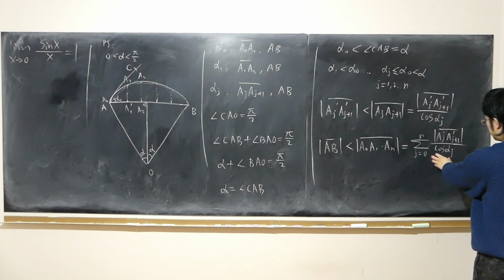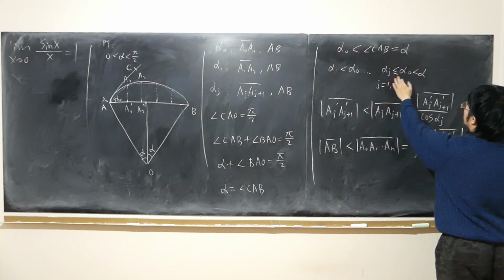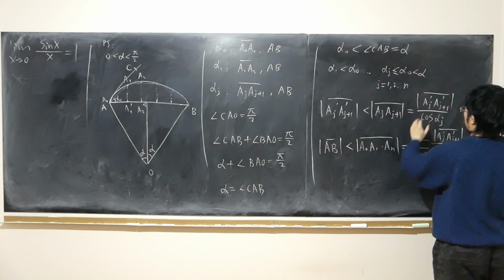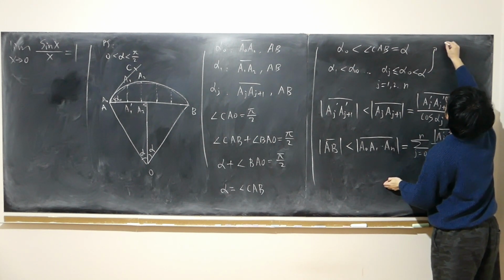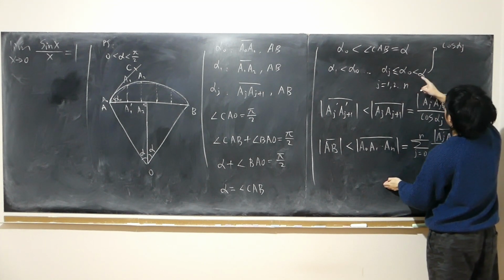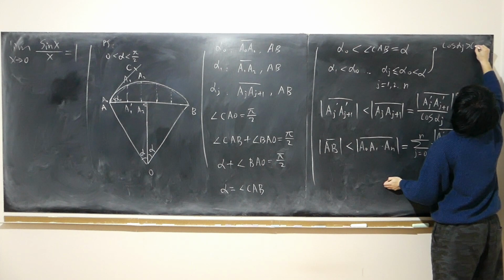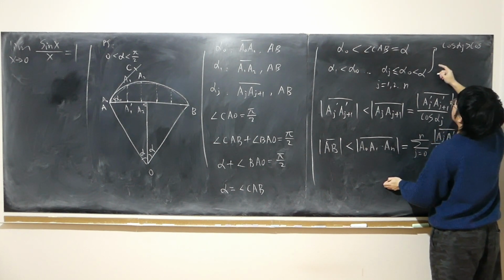But then, like I showed, every alpha j is smaller than alpha. So what does that mean? That tells us if we apply cosine, cosine alpha j is bigger. Cosine is a decreasing function over 0 to half pi, right?